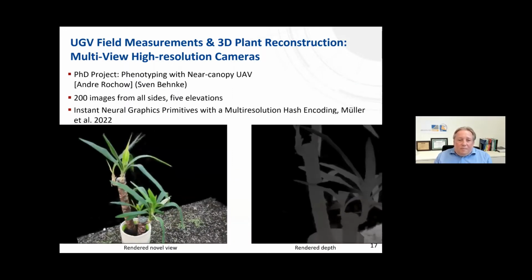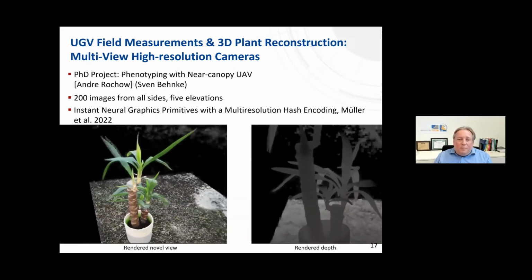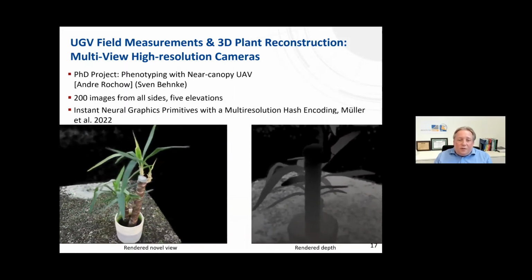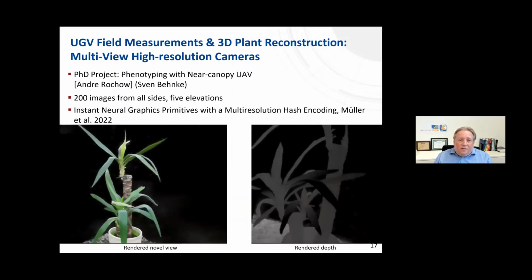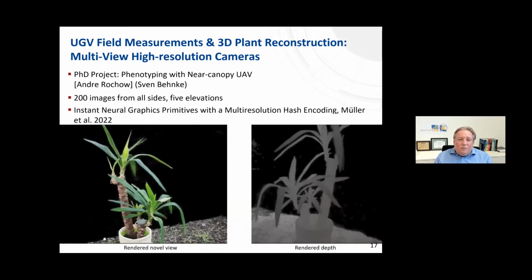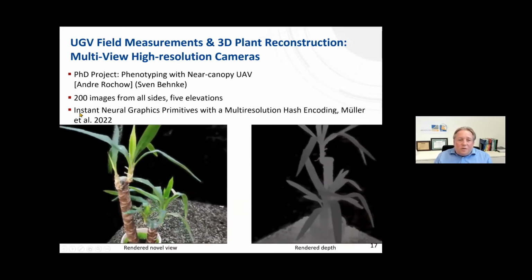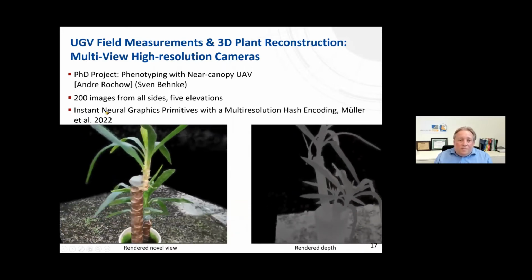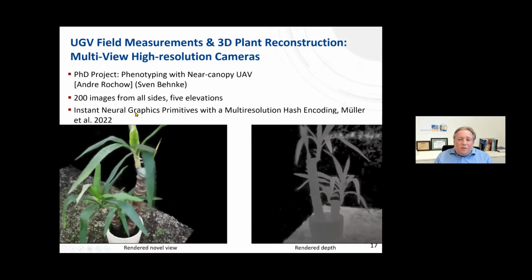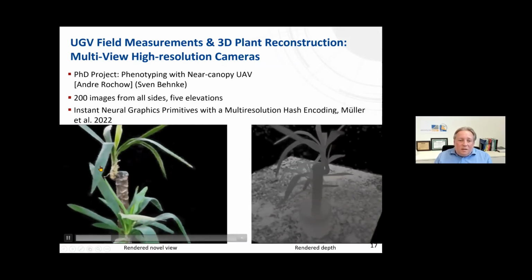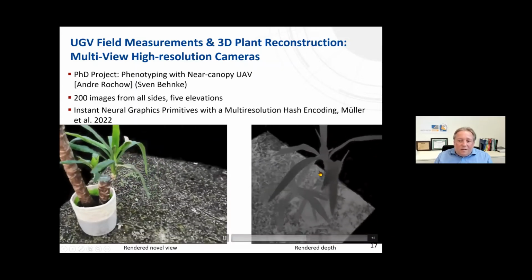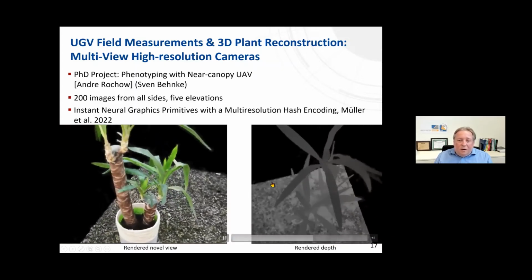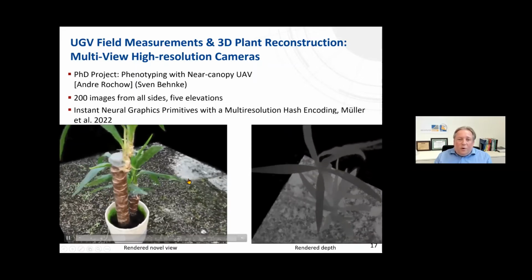And here you see an example where we have been circling around the plant in 5 different elevations, made about 200 images, and used this instant neural graphics primitives method to obtain the visualization and a depth rendering of the plant from novel viewpoints.